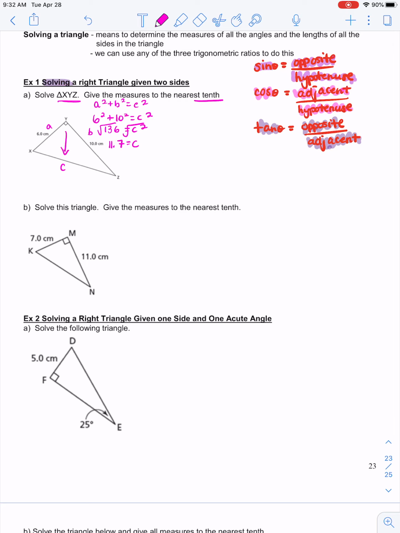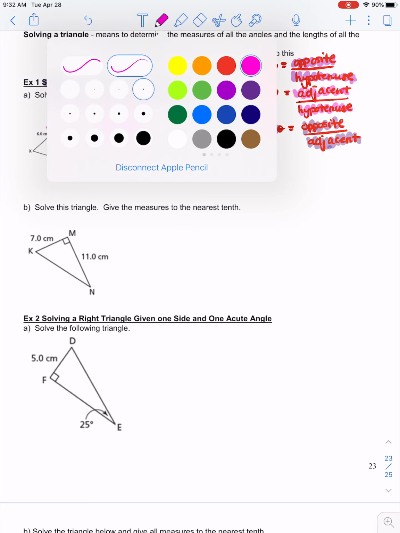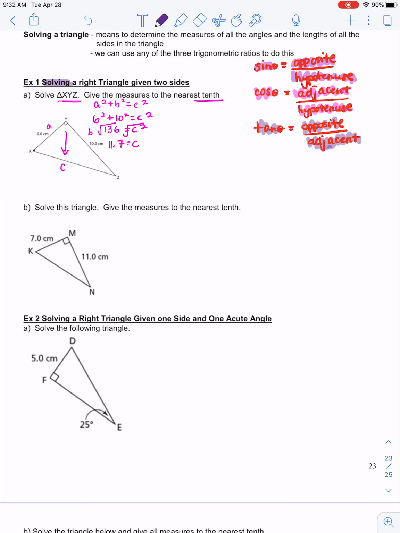Now we want to find our angle, so I'm going to use a different color. Let's look for angle X here. Across from that angle is my opposite side, and beside that angle is my adjacent side. So I'm going to use O and A, which is tan, opposite over adjacent. So that's tan of my angle, which I don't know, is equal to my opposite side, which is 10, divided by my adjacent side, which is 6.